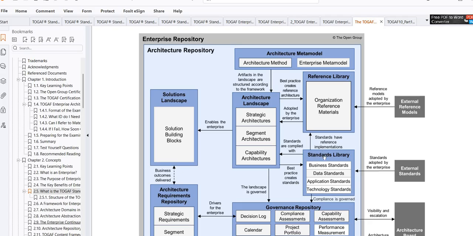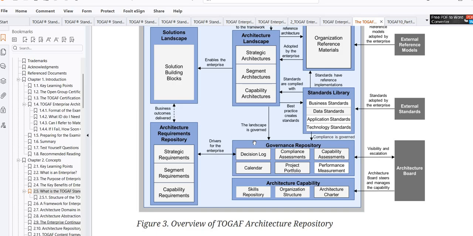Then the standard library, as I told you, is similar to the BDAT: business, data, application, technology. How your business model works is part of the standard library. Another one is the governance repository. This is very important: stakeholder concerns, compliance assessments, project portfolio, and capability assessment, performance. These are very important.